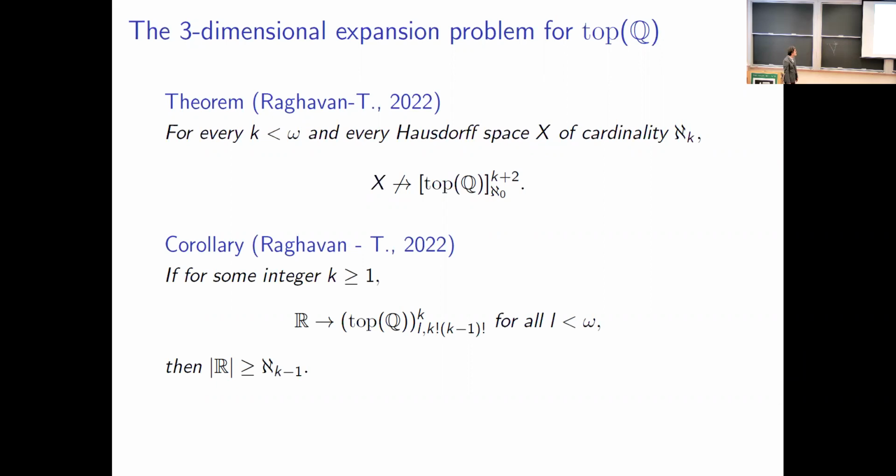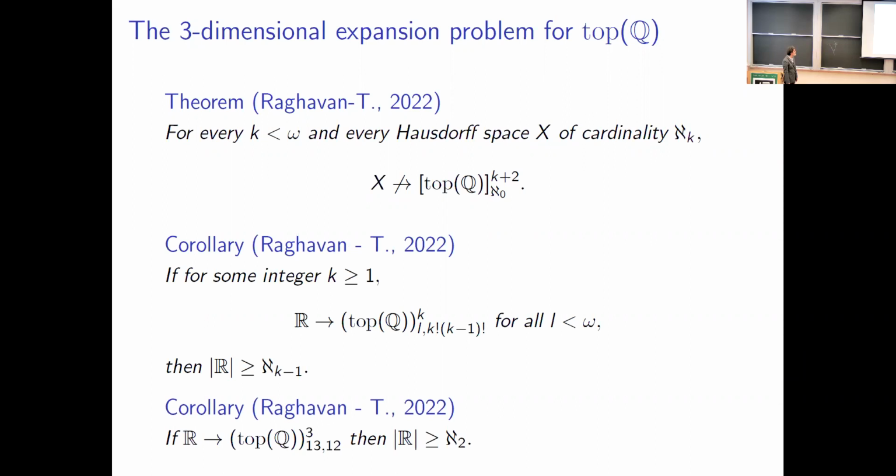So if you want to see what dimension 3 is: if the Sierpinski expansion is correct, meaning that 3 factorial times 2 factorial is the Ramsey number, then the continuum is at least Aleph 2. So it's a very interesting situation what's going to happen here.